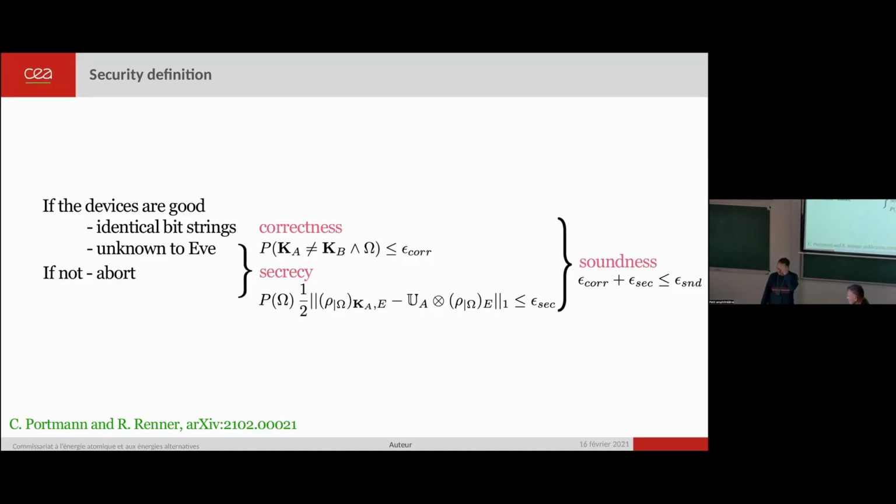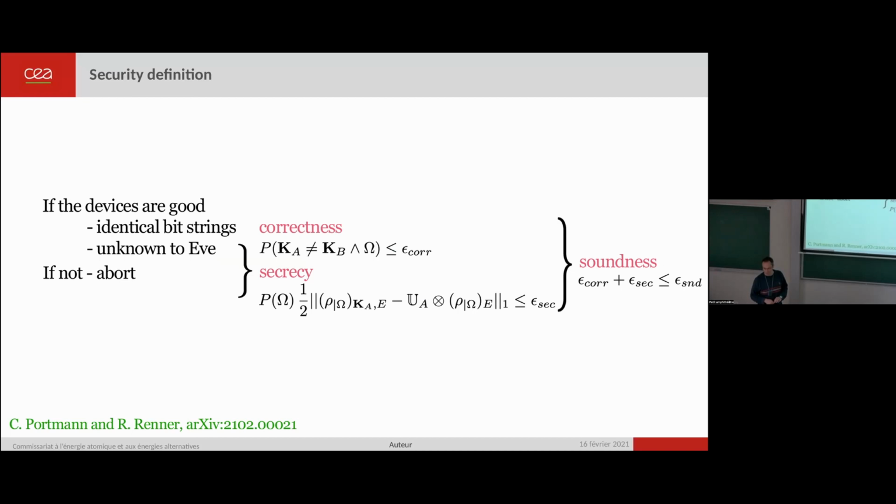The notion of security here is actually captured by this condition here. So we chose epsilon sound to be 10 to the minus 10. So this one has to be also smaller than 10 to the minus 10. So it's very low. And this is really measuring the distance between the actual state of the key, the actual key and Eve's system, and a fully random system for Alice and the system of Eve.